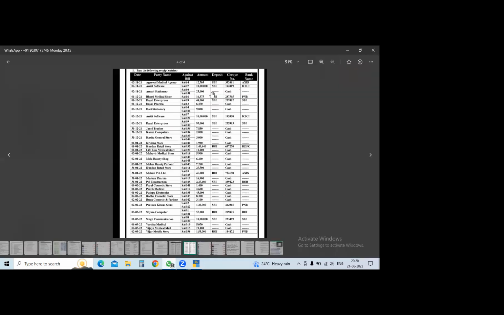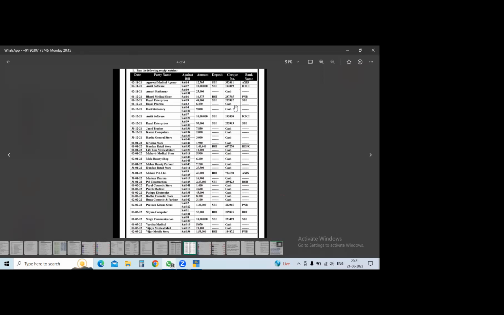Ma'am, the definition of contra entry is recorded when debit and credit affect the same parent account. You can enter the same names, it will come. I mean, you are asking about SBI, correct? No, ma'am, same parent company.